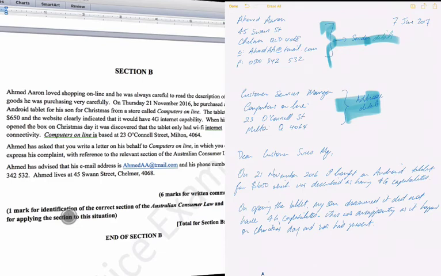Now I'm going to insert the legal problem, right? The tablet did not match your description on the website. Yeah?